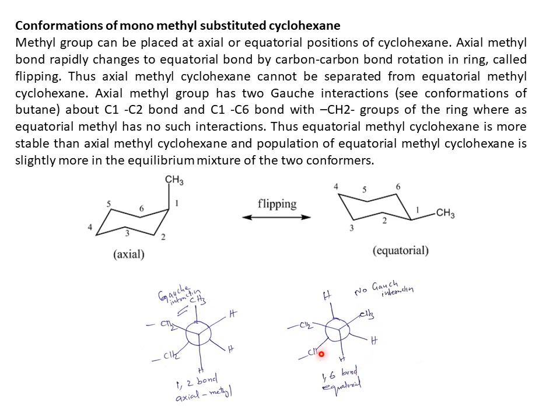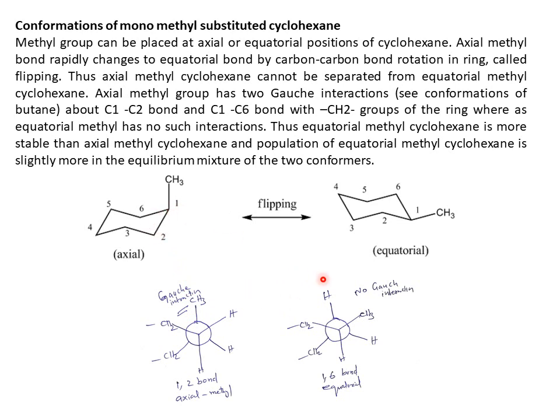So there is no Gauche interaction when the methyl group is equatorial in cyclohexane. There is no Gauche interaction in this structure, whereas here there are two Gauche interactions in the 1,2 bond and 1,6 bond.